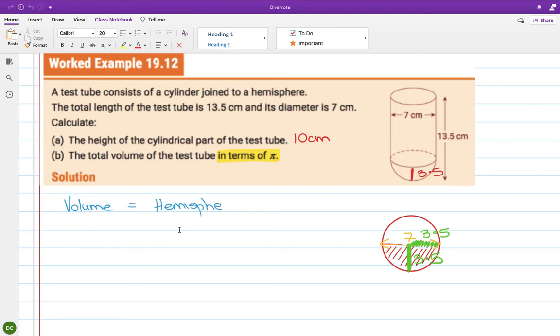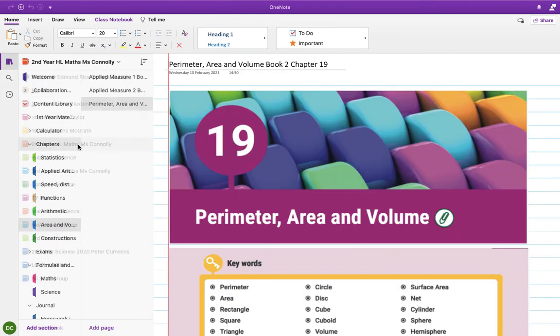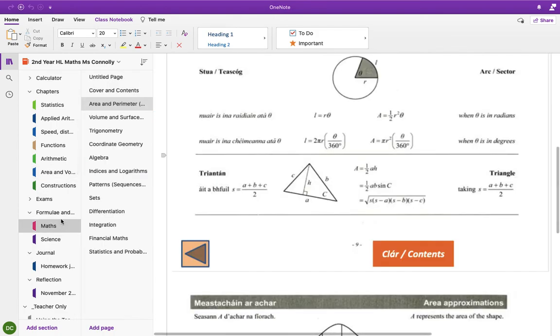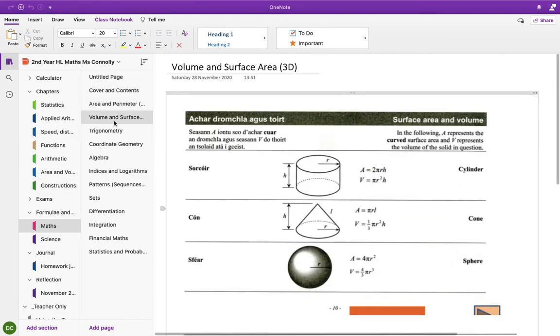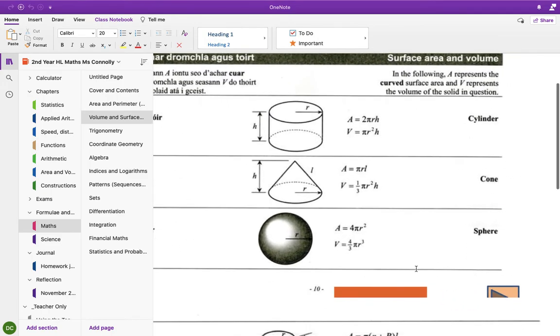If I was doing this in my exam, I'd go to my formula and tables book. I'd go to volume and surface area. The first one is a hemisphere. We know not to expect a hemisphere, but there's the sphere. We have A for area, so it's not that because we're doing volume. So it's V for volume.